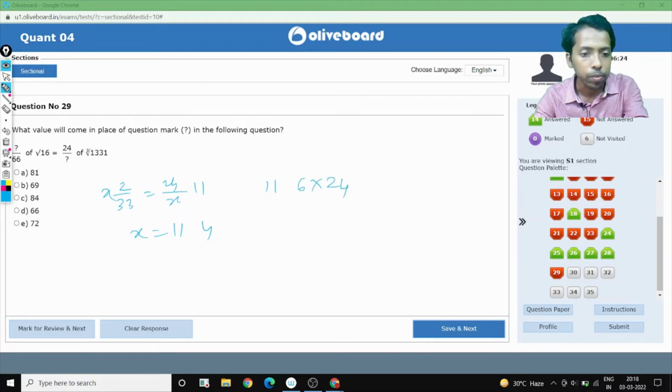So what is happening here? x by 66 into 4 equals 24 by x into 11. Now this is 6.